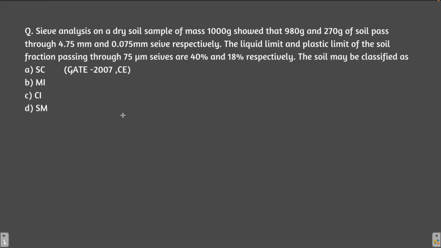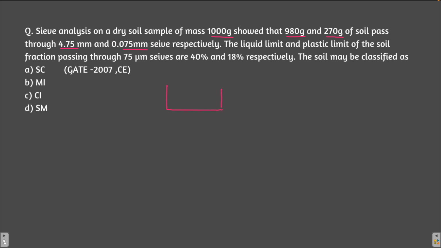The next question says that the sieve analysis on a dry sample of soil of mass 1000 grams showed that 980 grams and 270 grams of the soil passed through the 4.75 millimeter and 75 micron sieves respectively. So let me first draw the diagram. When you draw the diagram, the question becomes very easy.